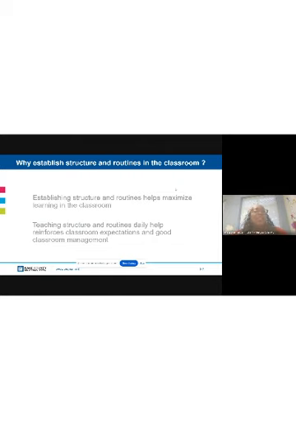However, establishing structure and routine helps maximize learning in the classroom. And teaching structure and routines daily actually reinforces classroom expectations and class management. You have good class management by doing that.